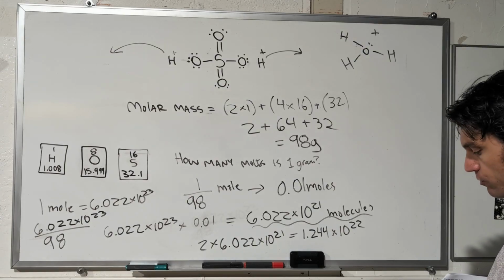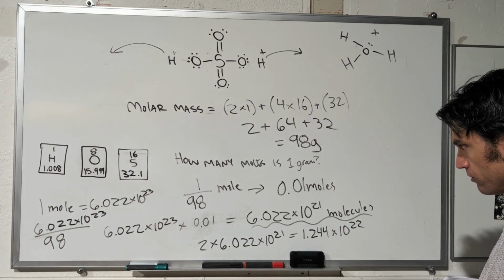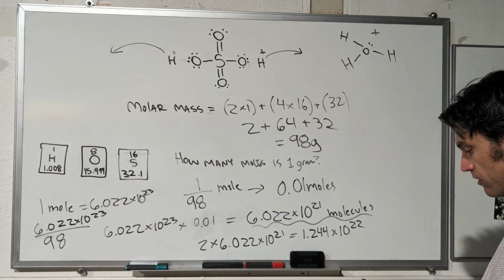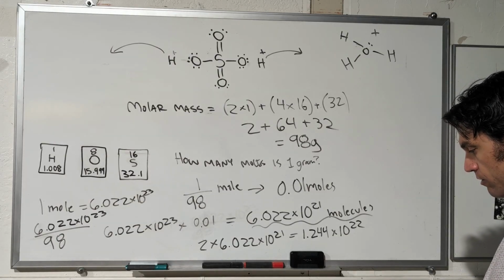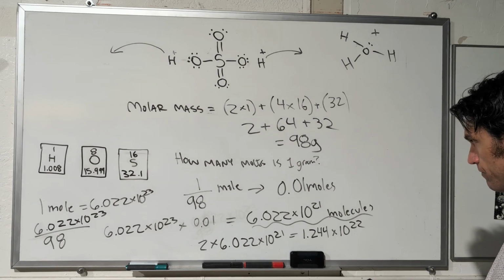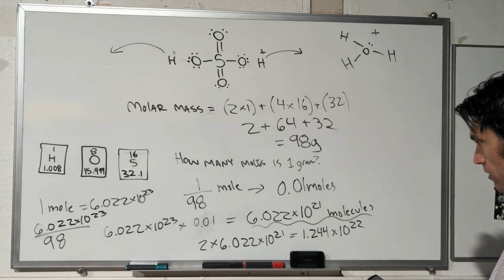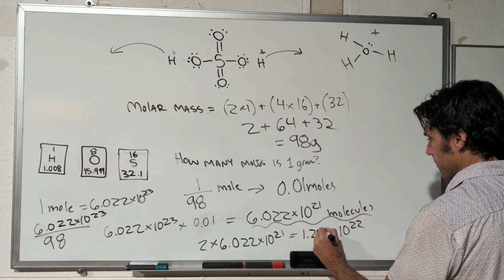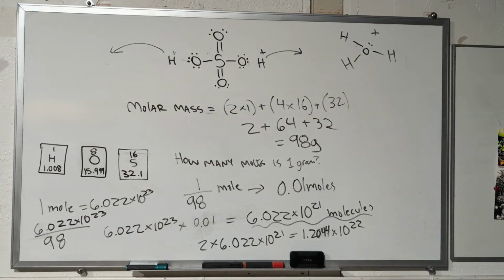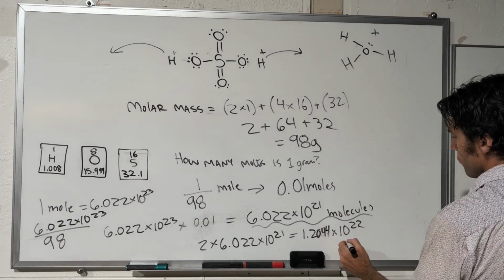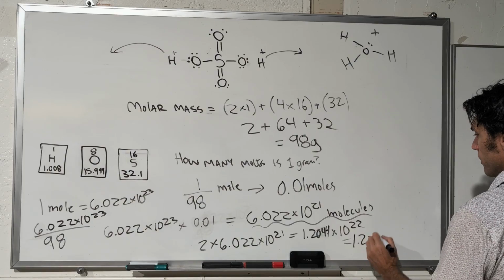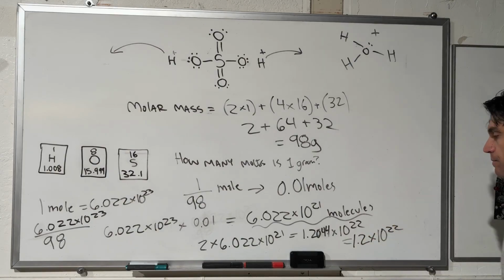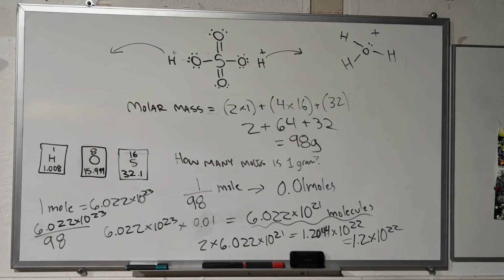Let me check on the calculator. 2 times 6.022 times 10 to the 21 equals, oh, it's actually 1.2044. Okay, there you go. You could just round this to 1.2 times 10 to the 22. All right, good. There's all your stuff about the acid question.